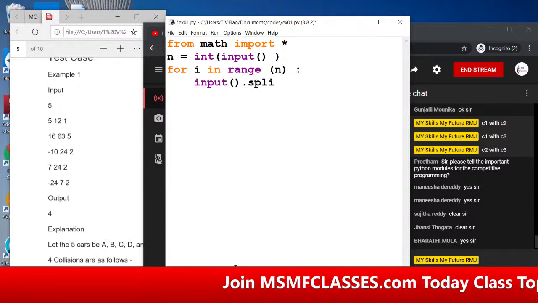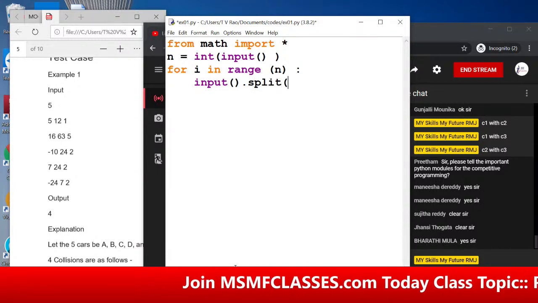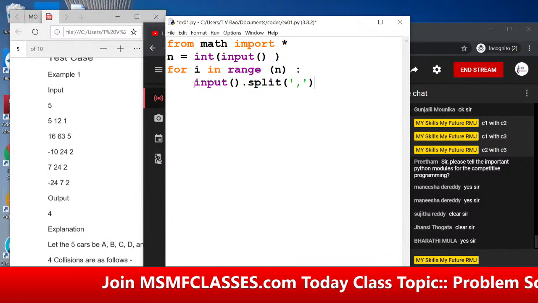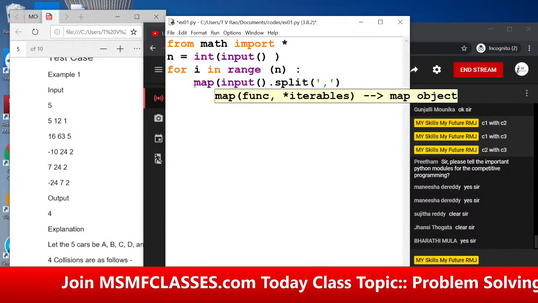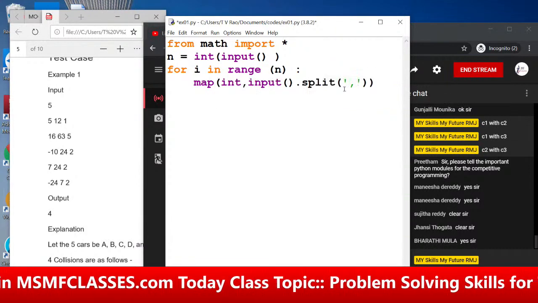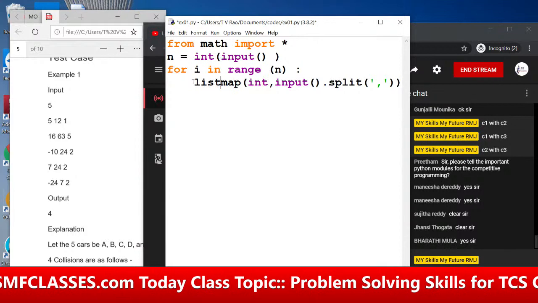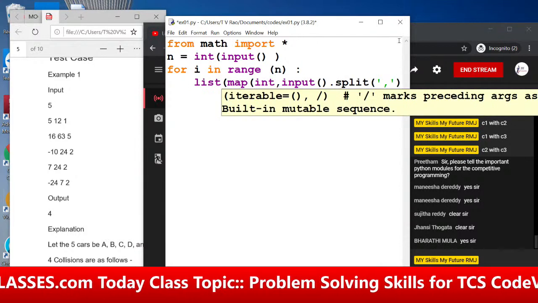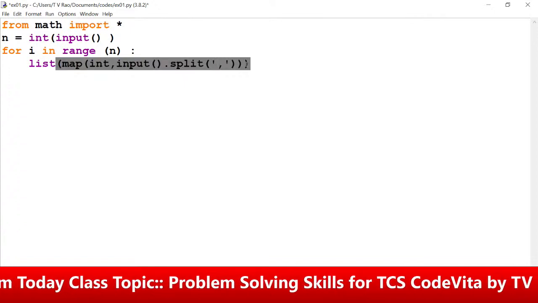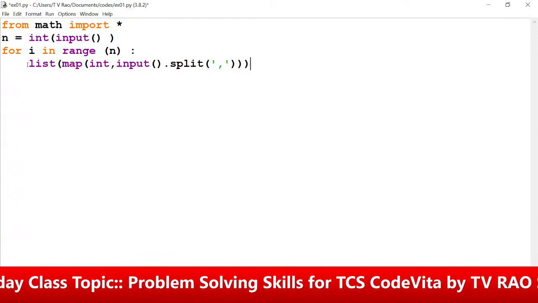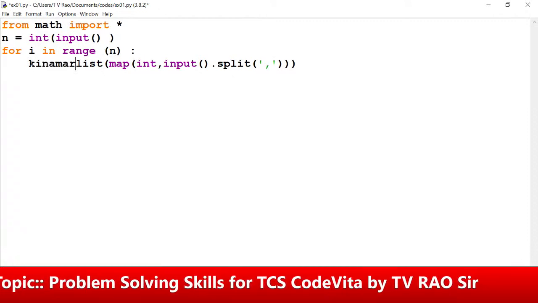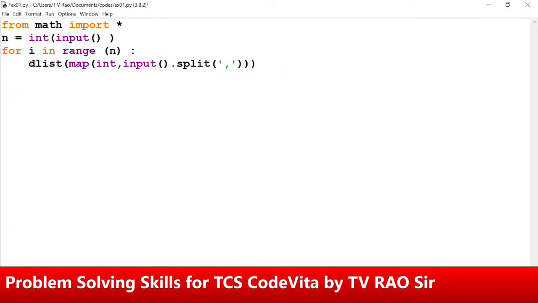First are the x and y coordinates, separated by comma, map them into integers, make it a list, and store it as data.